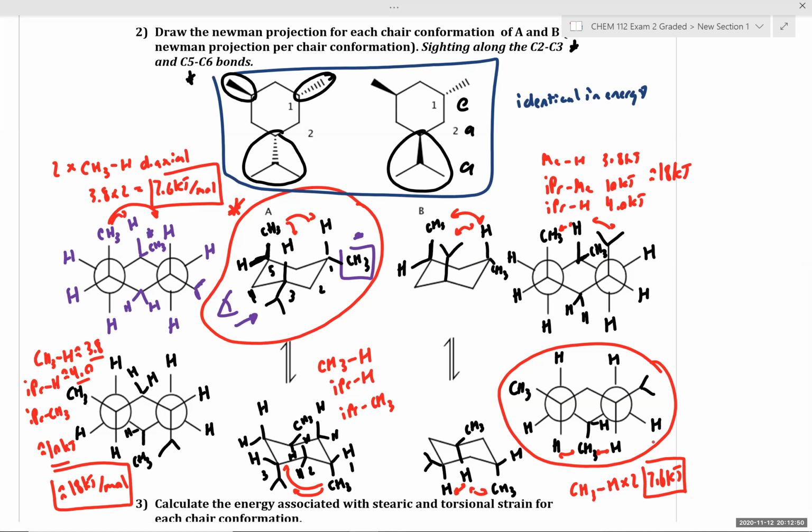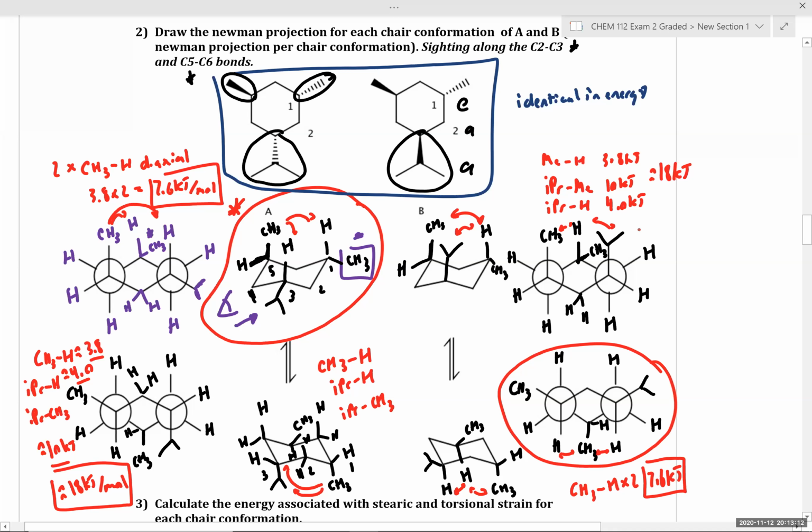So which of these two chair conformations for the second structure is lowest in energy? The top conformation or the bottom conformation? The bottom one, exactly right. 7.6 is less than 18.